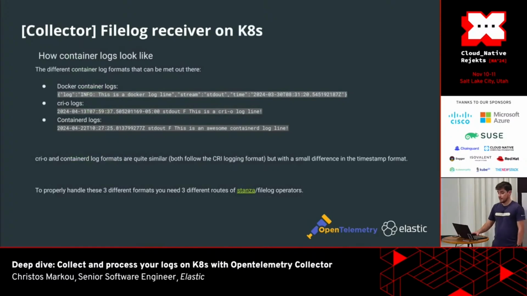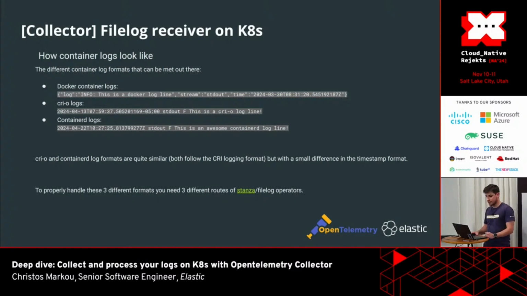Now with container logs, we mentioned before that the container runtime is responsible for writing the log from the console down to a file. But the interesting part is that the container runtimes also wrap these log messages into specific formats. In case of the Docker runtime, the log message is wrapped into a JSON struct and ends up in the log key of the JSON struct.